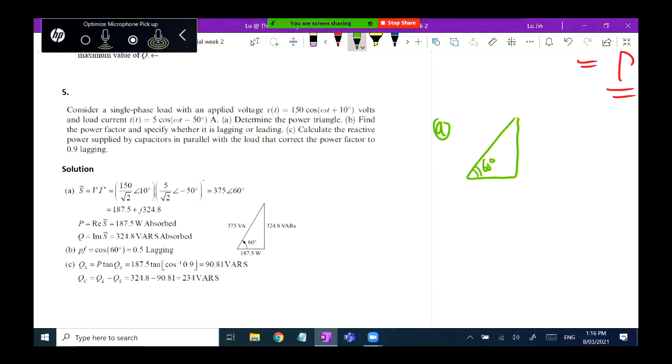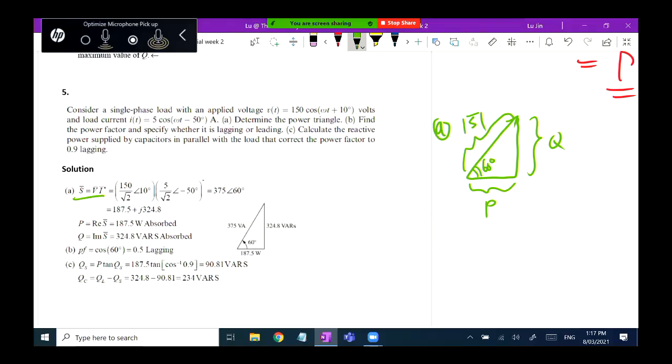So real power P, reactive power Q, and the size of the other edge is apparent power. Normally we can write the magnitude of the complex power. Of course, this edge is actually the complex power. Calculation should be pretty simple because the formula has already been introduced in the first part: V I conjugate.